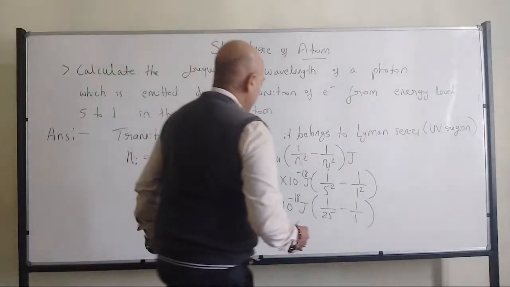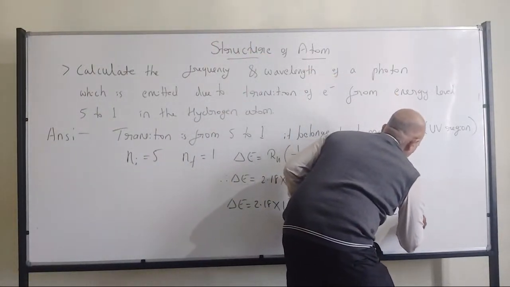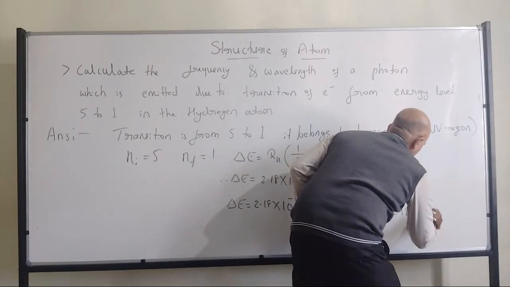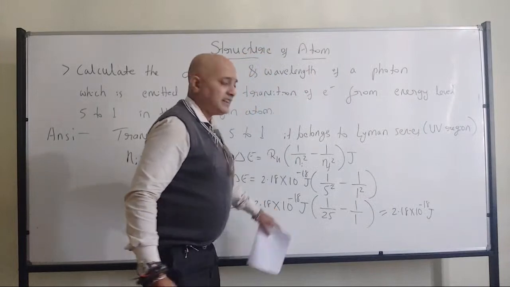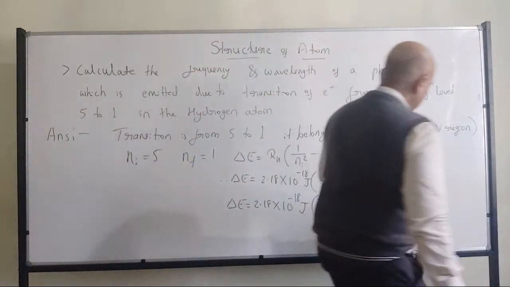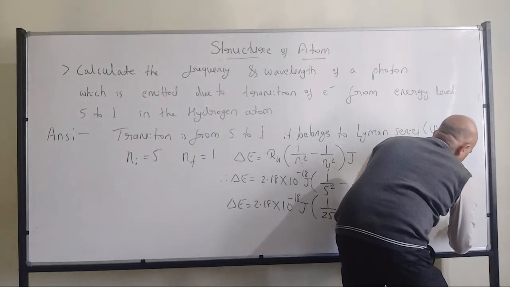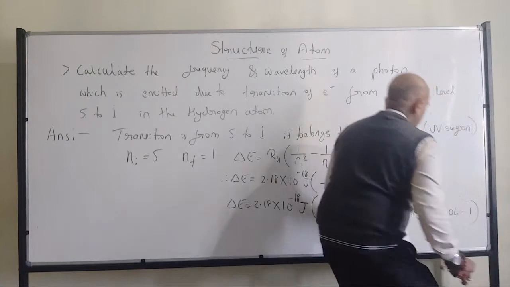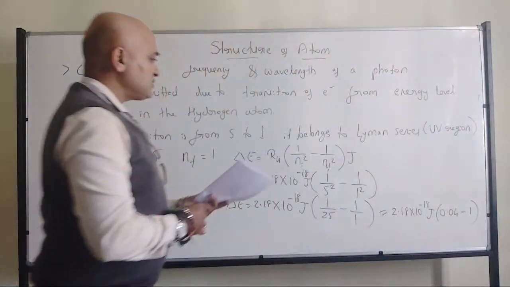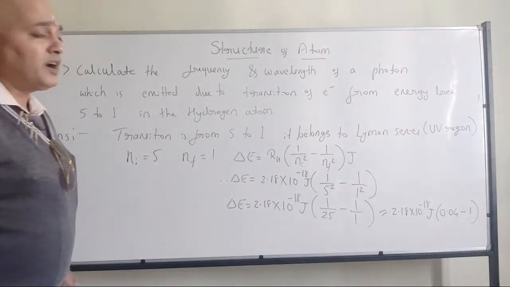Now we can write this one as 2.18 into 10 to the power of minus 18 joule multiplied by 0.04 minus 1, because 1 by 25 is nothing but 0.04.